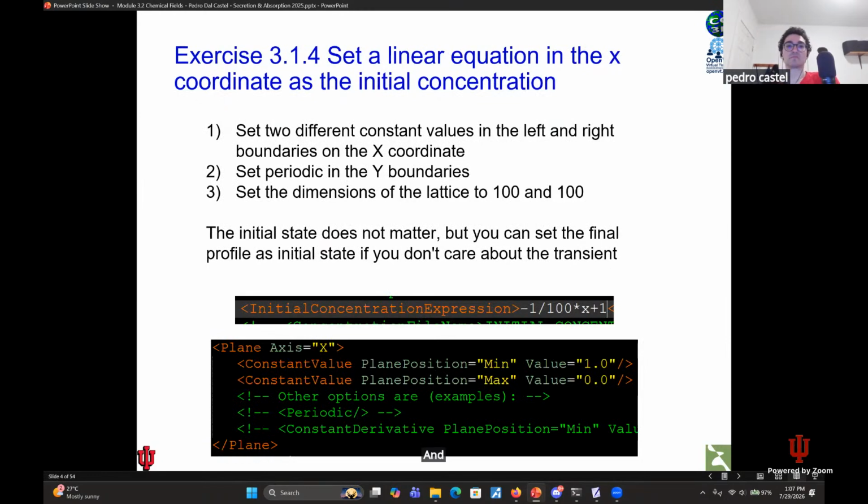And these are some tips on how to set it up. One of the things you can do to speed up the process is to already define an initial condition that corresponds to the linear field outcome. And in your boundary conditions, please set constant value 1 on the left side of the plane, which is the x-axis, and constant value 0 for the right boundary.